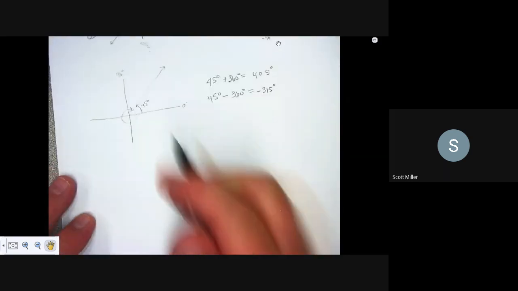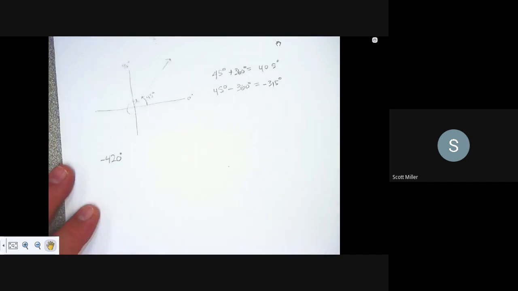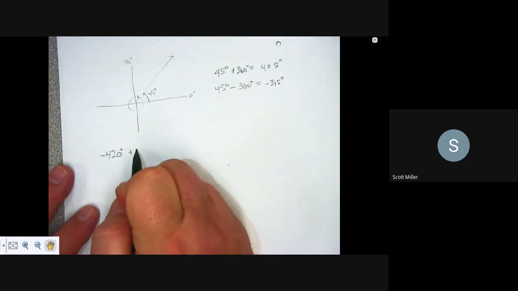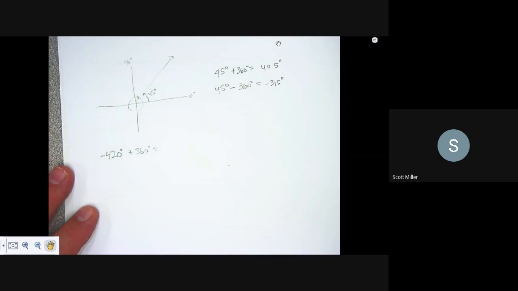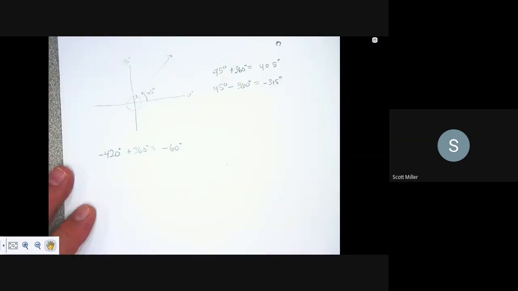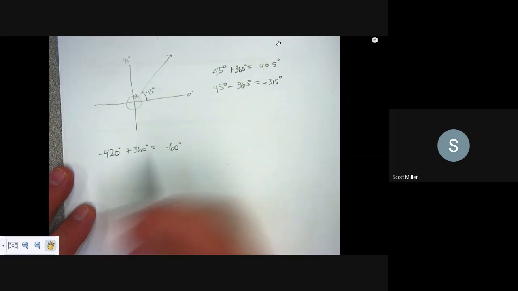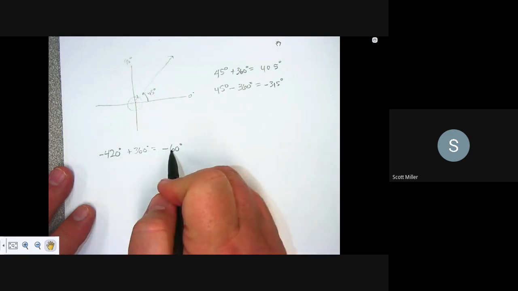If I do a negative 420 and add 360 to this, I'm still going to have a negative value. I'm going to get a negative 60 degrees. Remember, I wanted one positive and one negative. So how do I get to a positive one? I added one time around and I still got a negative angle.